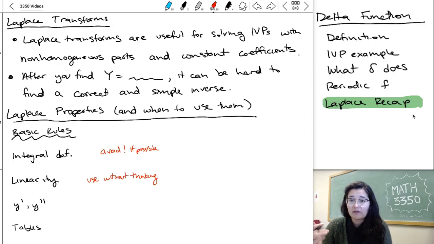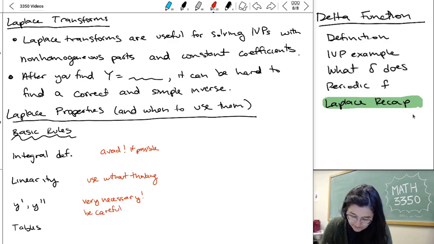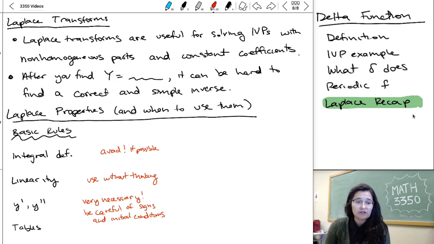And then similarly, Laplace of these derivatives, they're very necessary for this class. We cannot write a differential equation without some derivatives. So just be careful about signs and plugging in your initial conditions. So you will use it all the time, just watch yourself.